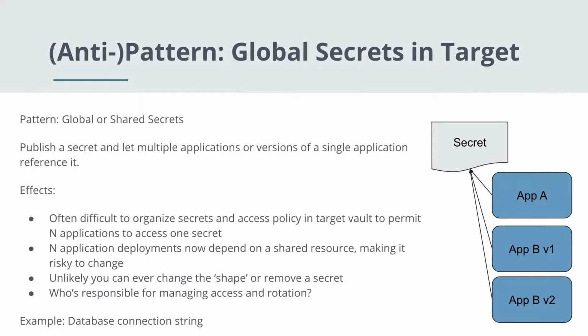Let's say we're a Java shop. What we might have is 15 applications, or 15 microservices, that need access to the same database. And that database JDBC connection URL might contain a username and password, so it's secret, sensitive material. So we say, okay, I know the solution.